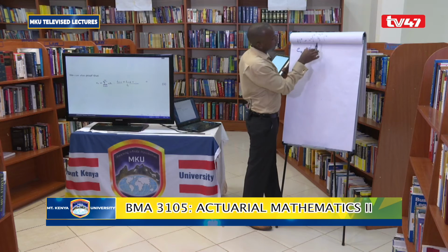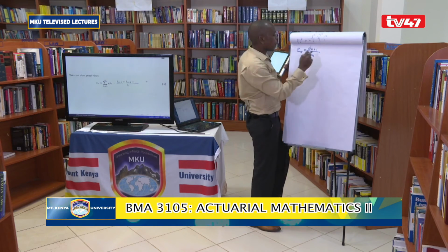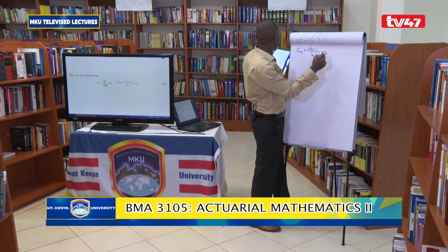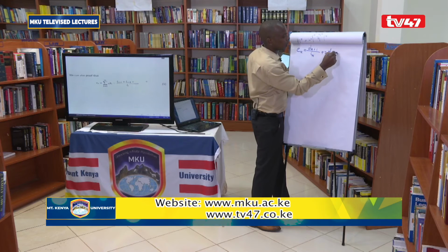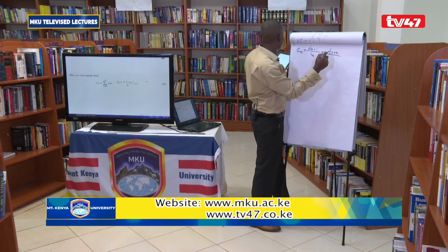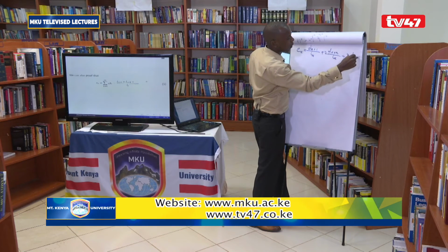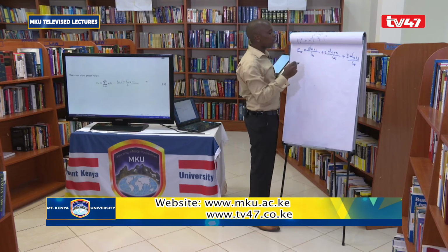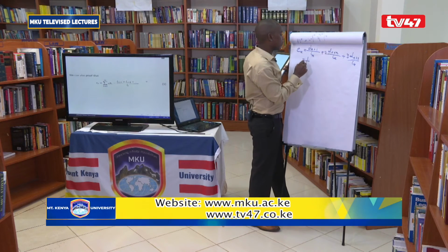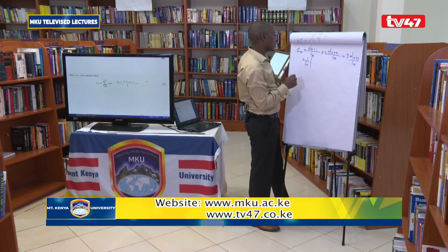So this is the number of deaths in that particular age, x plus 1, plus 2 dx plus 2 all over Lx plus 3. So the denominator can easily be factored out as follows.